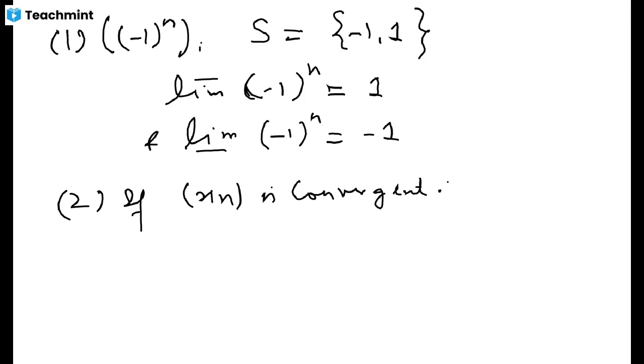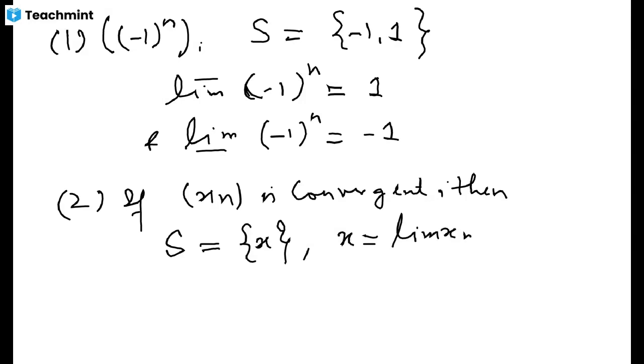Then for xn, S, which is the set of all limits, consists of only one point x, where x is the limit of this sequence because it is convergent. All subsequences are going to converge to x, so it will have only one limit point, that is the limit of this sequence.